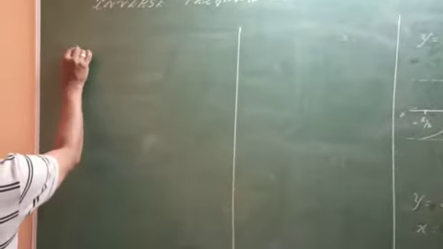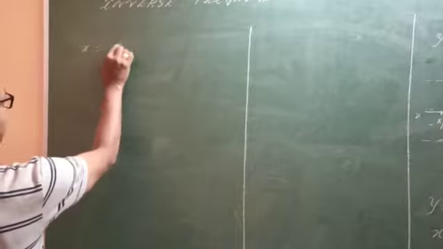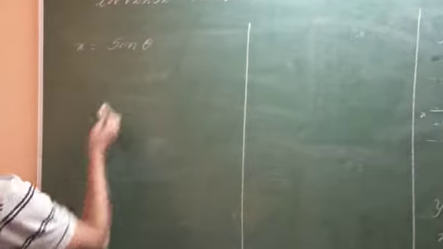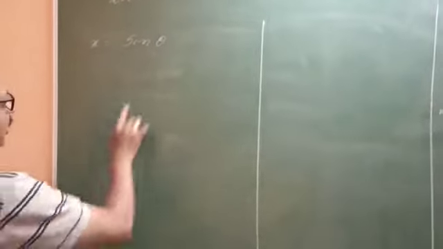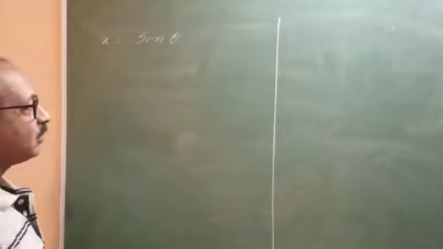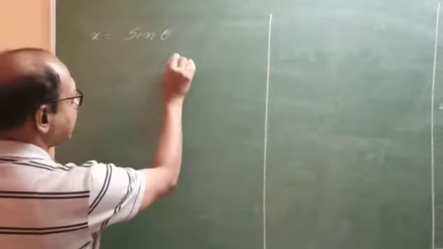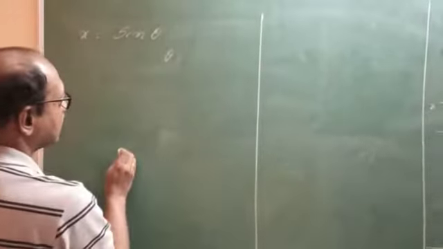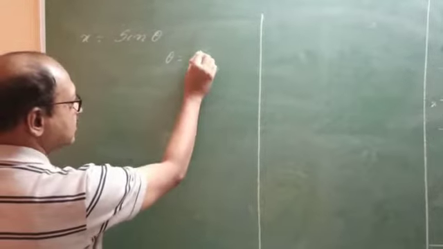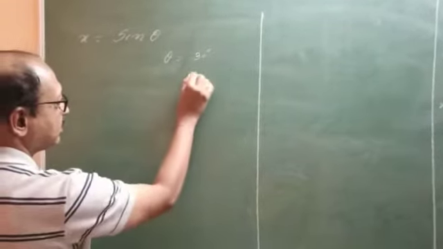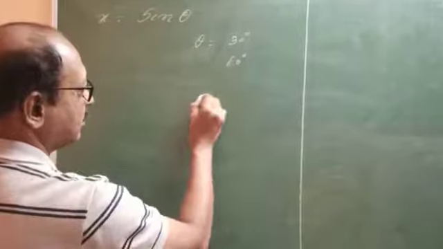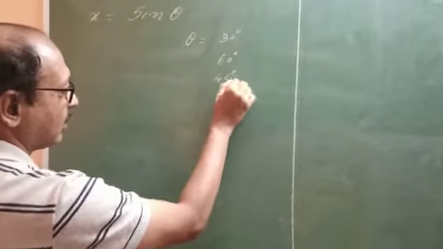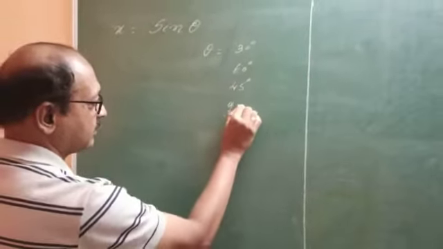x is equal to sine theta. You already know from the first year that theta is an angle. It may be 30 degrees, 60 degrees, 45 degrees, or 90 degrees.